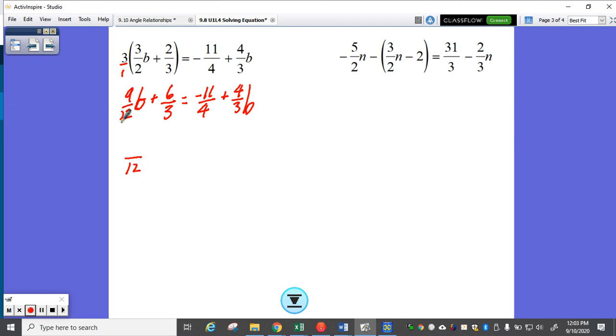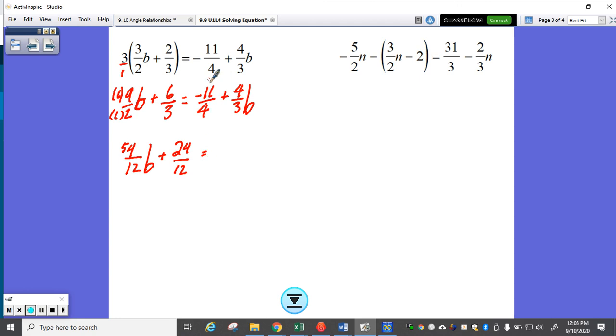So I'll multiply the top and the bottom here by 6. So that gives me 54 over 12b. Top and the bottom here by 4 gives me 24 over 12.